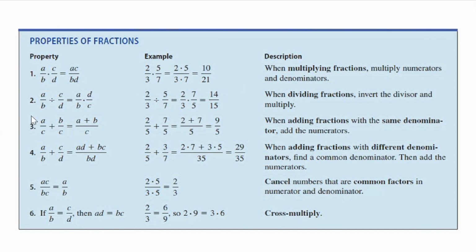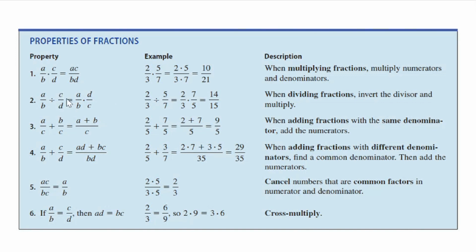For property number 2, a over b divided by c over d. To solve for the quotient for this kind of fraction, first of all, we are going to change the symbol of division into multiplication. But you are going to take the reciprocal of c over d.